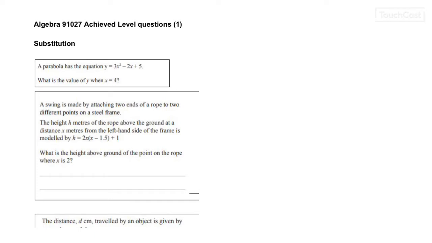I'm going to call this substitution problem number 1, and I'm not going to write the whole question. Y equals 3x squared minus 2x plus 5.